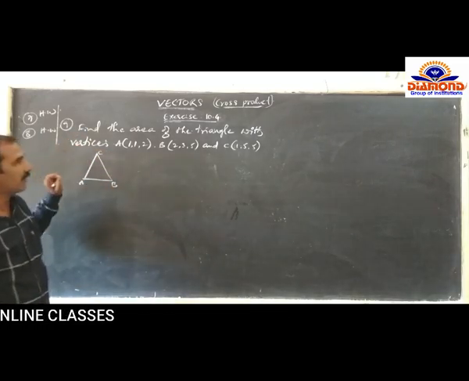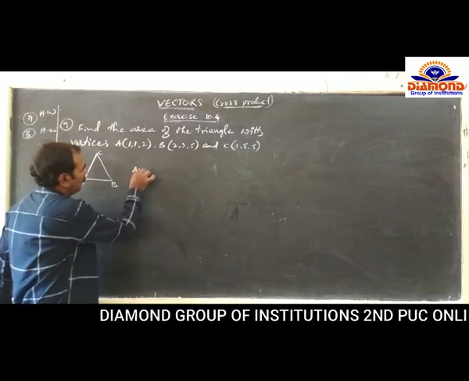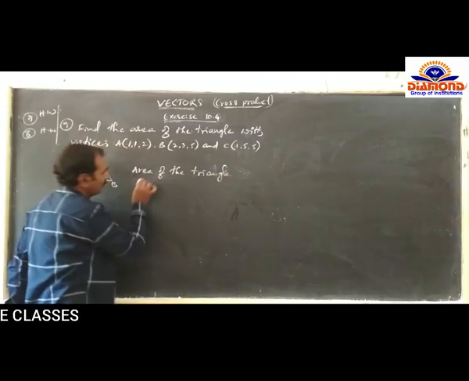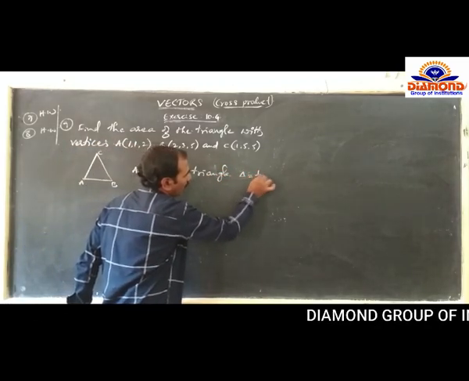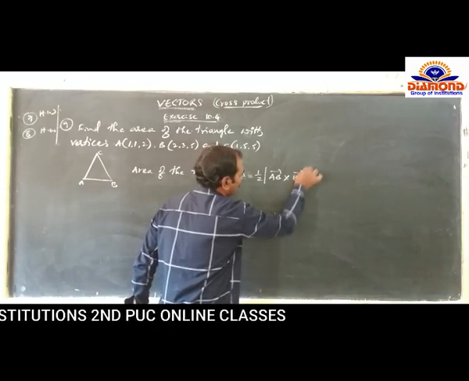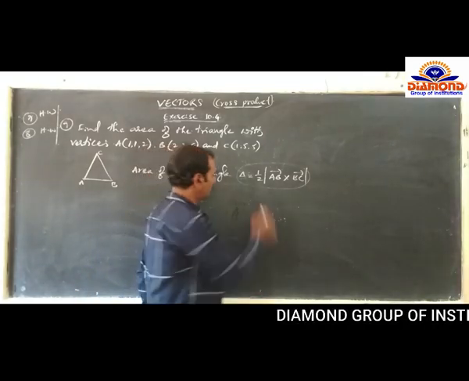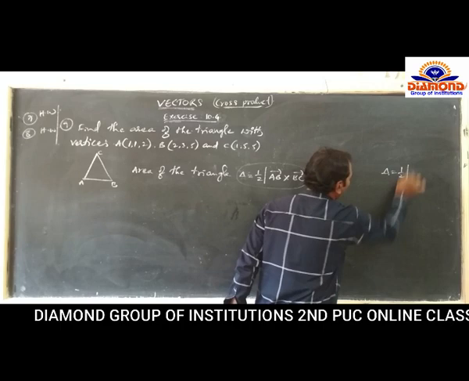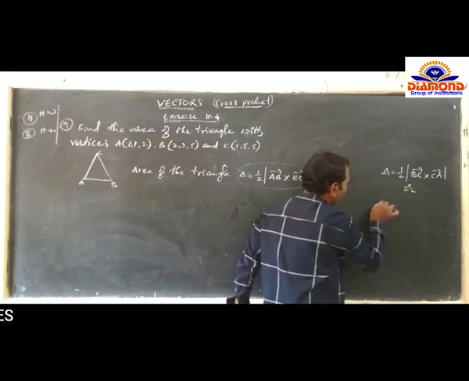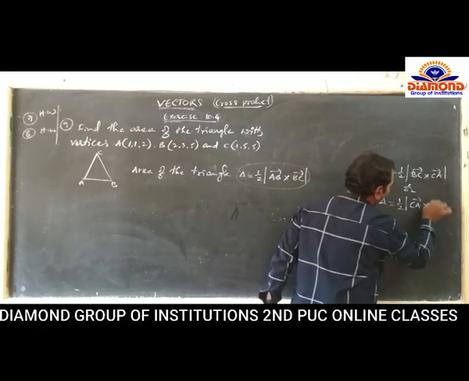The area of the triangle, as we discussed just before class, delta equals half modulus of AB bar cross BC bar, or the same formula we use in 3 types: delta equals half BC bar cross CA bar, or delta equals 1 by 2 into CA bar cross AB bar.